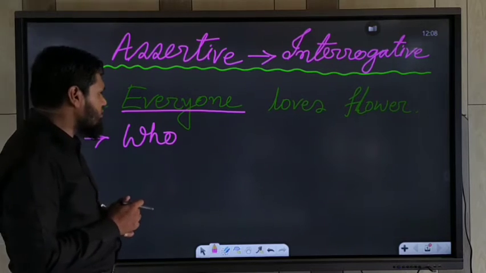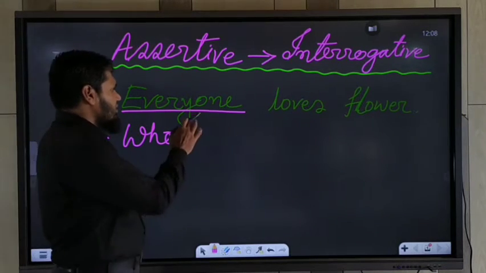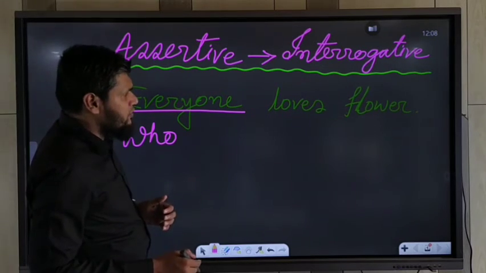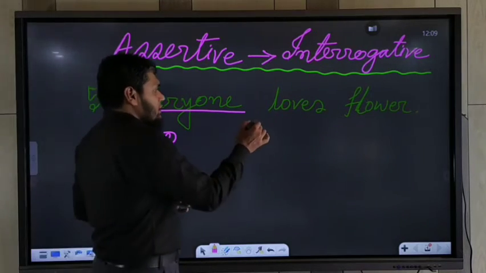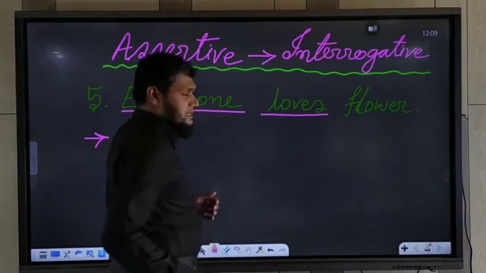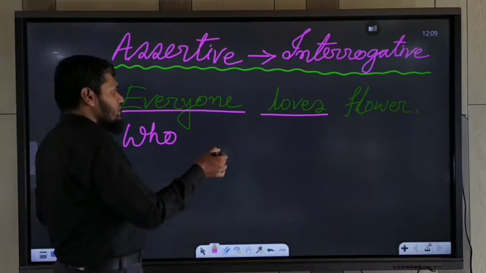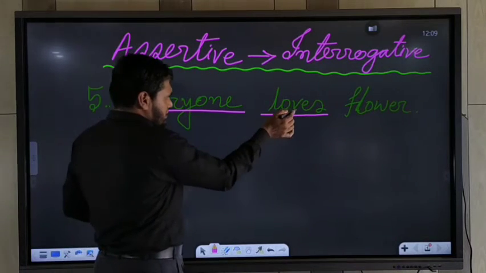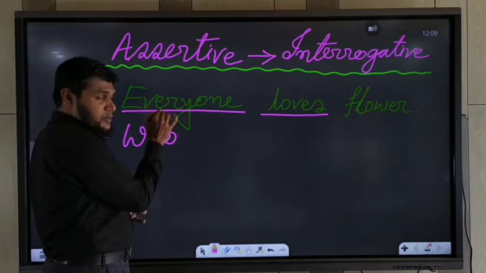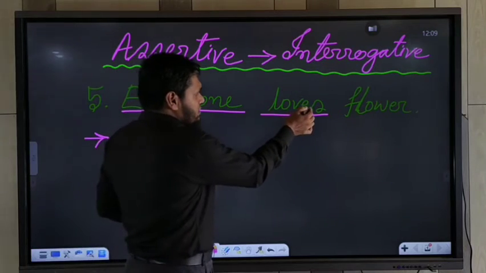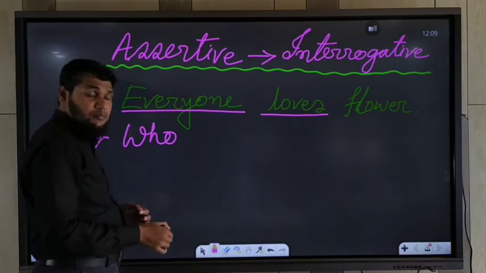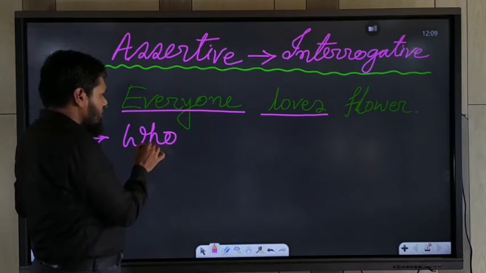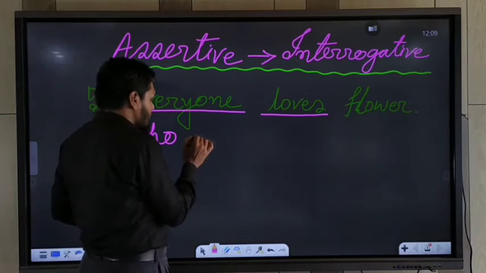And if the sentence is in affirmative form, you should use negative form, and you should use the auxiliary verb according to the tense. What should be the auxiliary verb here? Does, because the subject is everyone, it's third person singular, that's why s or es is used with the verb.